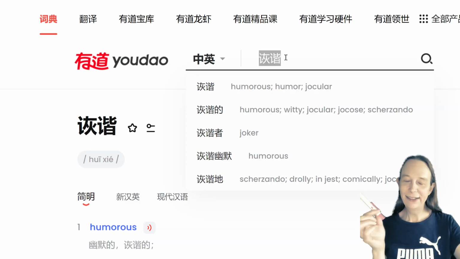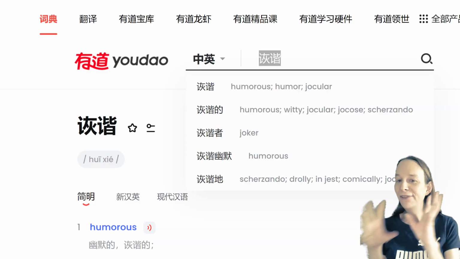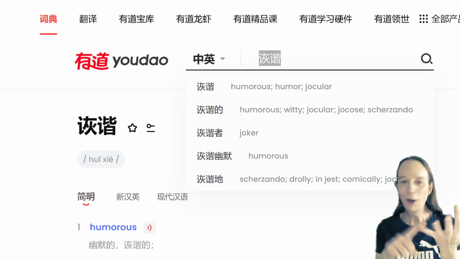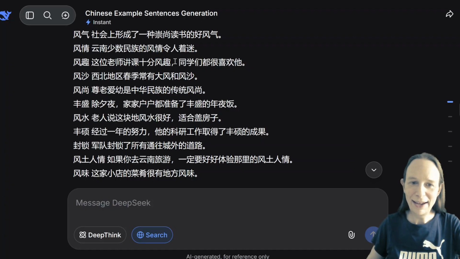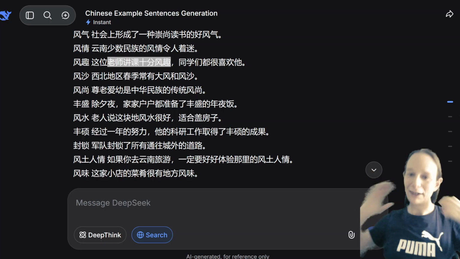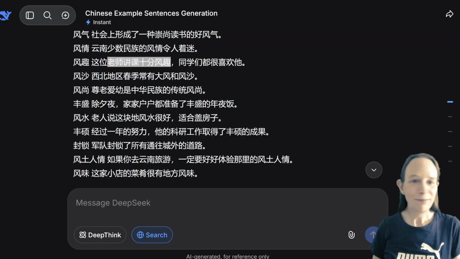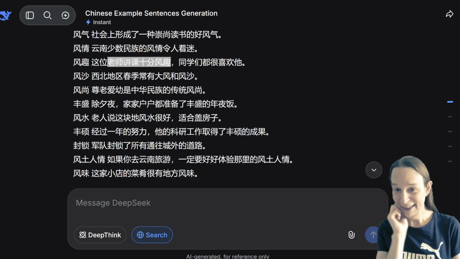The 趣味. So it's got a flavor of humor or zaniness. Okay. 风趣. Yeah, so sometimes when a teacher is a bit quirky or zany, it's a bit of a mix.